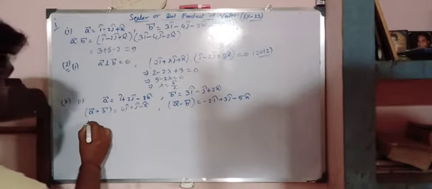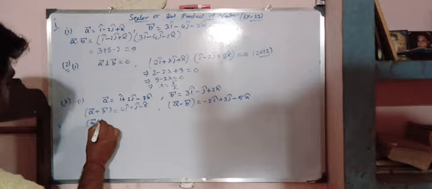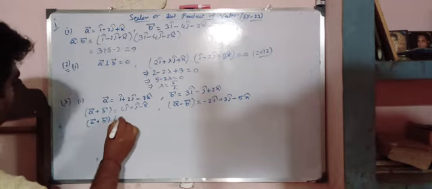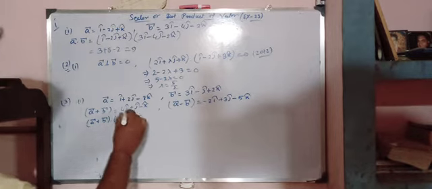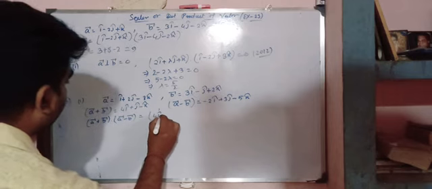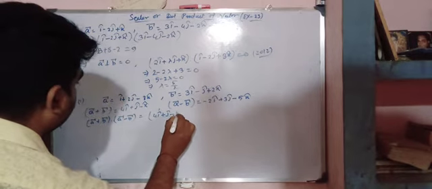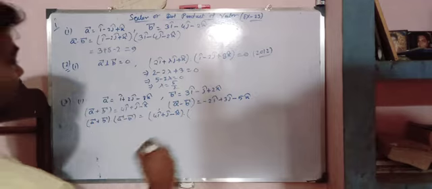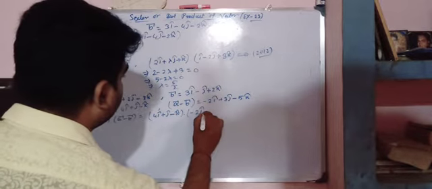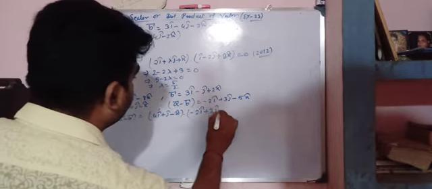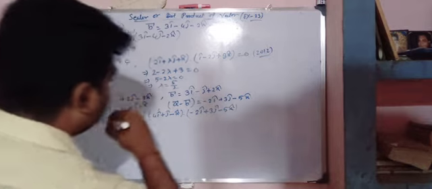So we have to find A plus B dot A minus B. That's equal to 4 I hat plus j hat minus k hat dot minus 2 I hat plus 3 j hat minus 5 k hat.